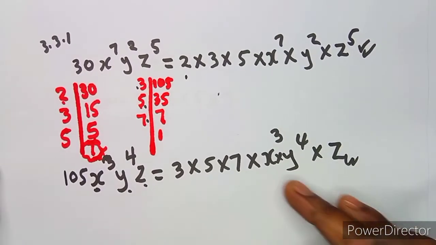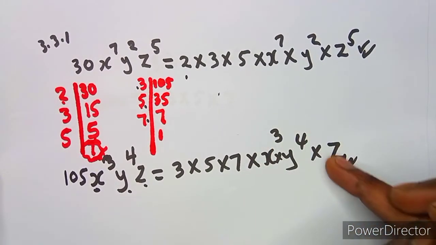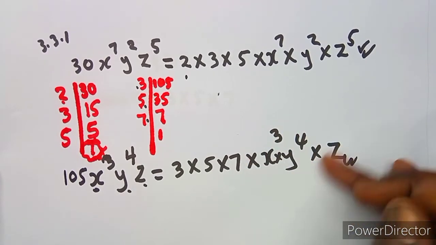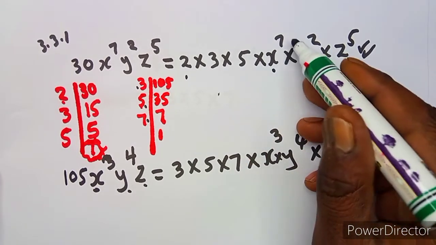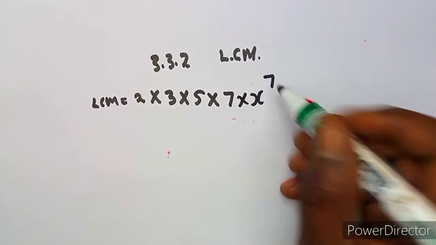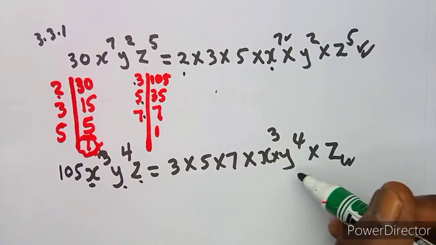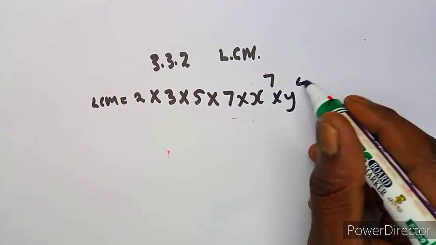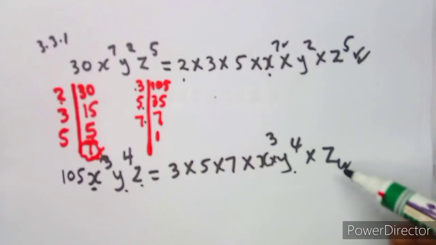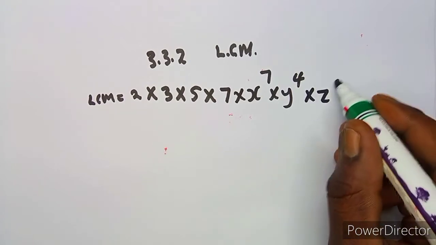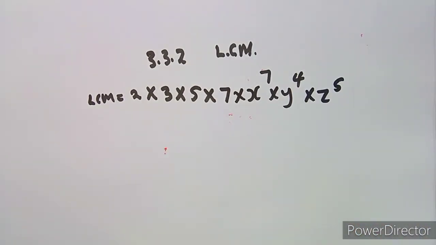Then for these ones with exponents, remember what I talked about: we take the one with the highest exponent. In terms of x, the highest exponent is x to the exponent of 7. In terms of y, it is y to the exponent of 4. In terms of z, it is z to the exponent of 5. So for LCM, you use the highest exponent.